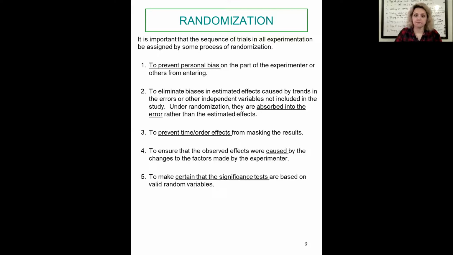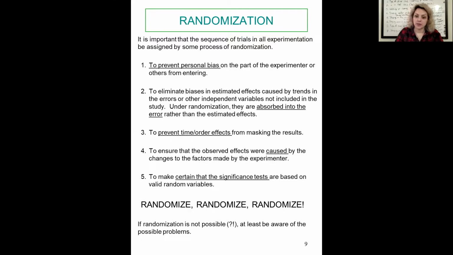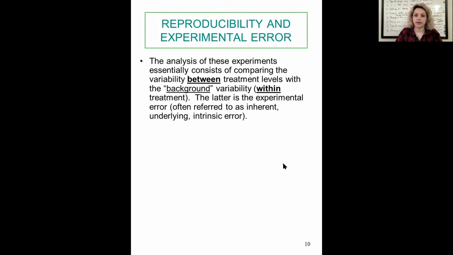It makes certain that the significance tests are based on valid random variables. So always randomize. If randomization is not possible for some reason in your experiment, at least be aware of the possible problems it's going to make.